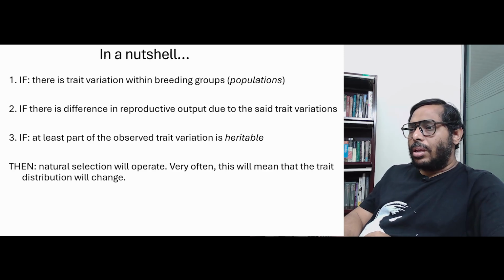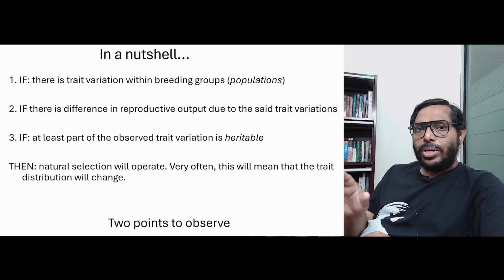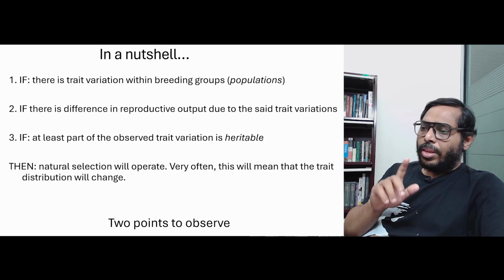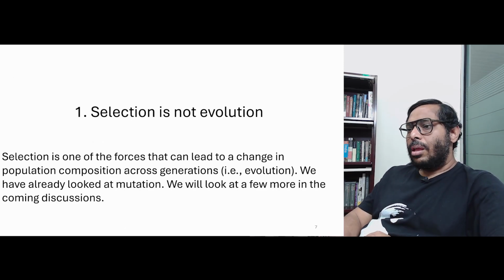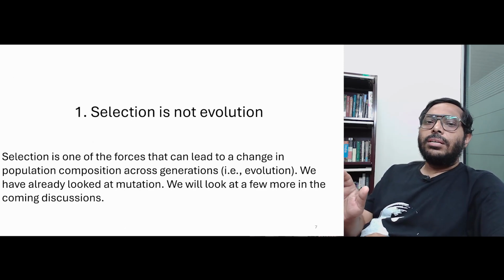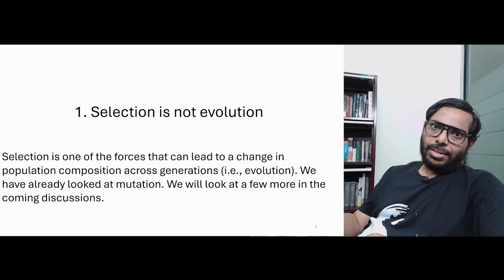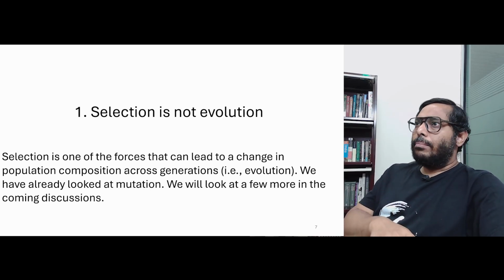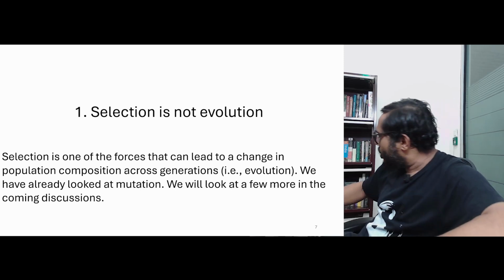Now if you are thinking about it this way, then there are two major points that you need to observe. Point number one, selection is not evolution. I am paraphrasing this from a very famous book. Yeah, I think I have this book over here.